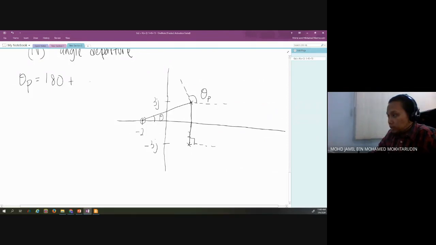So here it's tangent inverse of 3/4 minus this angle, 90 degree. So you will get 126 degree.